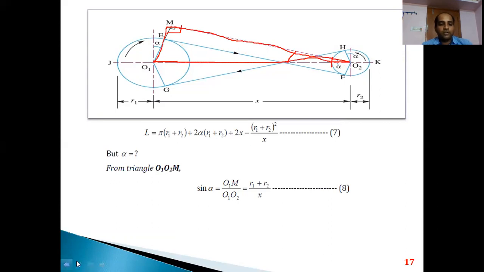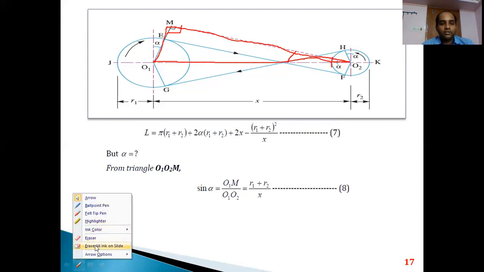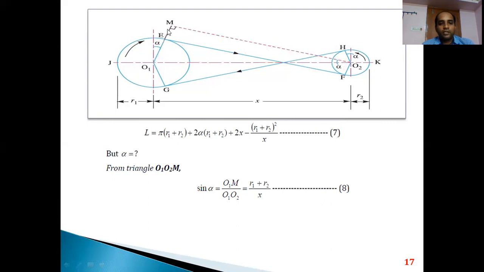So already we have the values of this in terms of the radii, and we have already made the simplification in the previous steps also. So now O1M is the summation of O1E plus EM. O1E is radius R1. Similarly, EM is parallel to O2F, that is O2F value is R2, and O1O2 is nothing but the distance between the two pulleys, that is x.